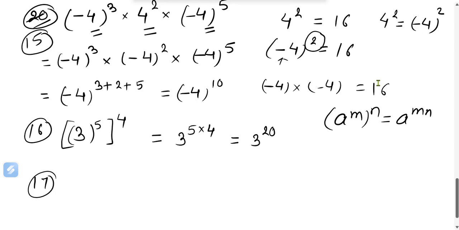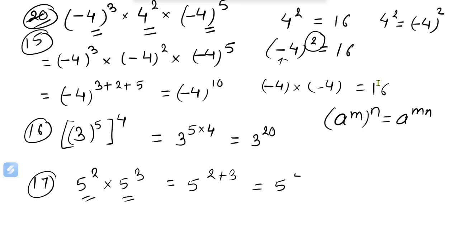Next, 5 square times 5 cube. So because of the same base, we simply write 5, 2 plus 3, which is 5 power 5. So one thing to remember, when we have the same base, like the 5, we just add the exponents, which is 2 plus 3.